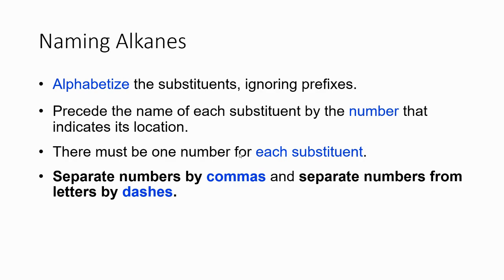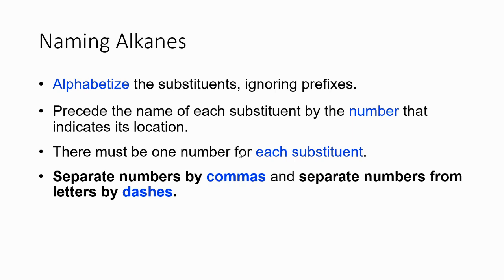First we alphabetize them, and then before each name we put a number. So it's like 1-methyl, 2-propyl, and then the parent, hexane or something.